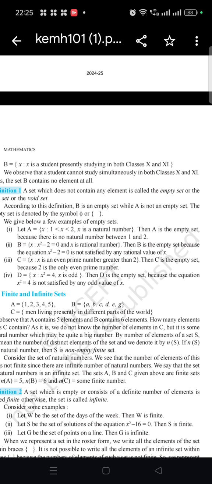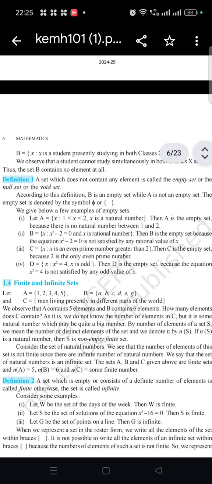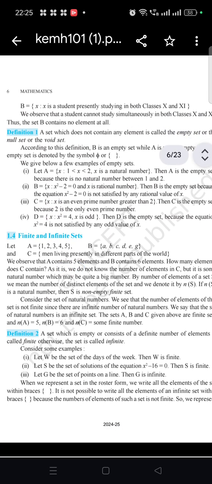So make it clear, the empty set. And now next, finite and infinite sets.